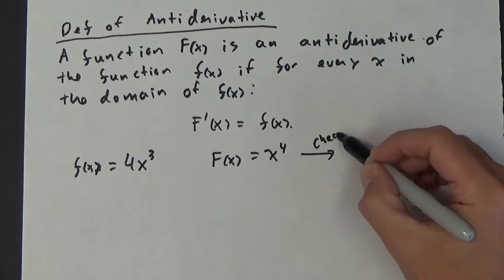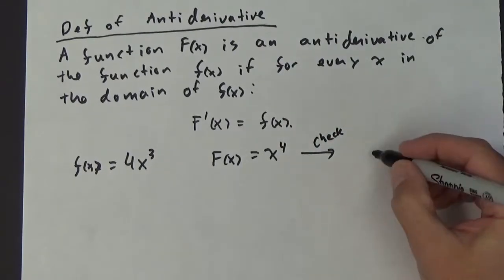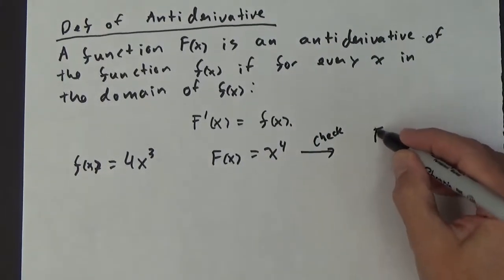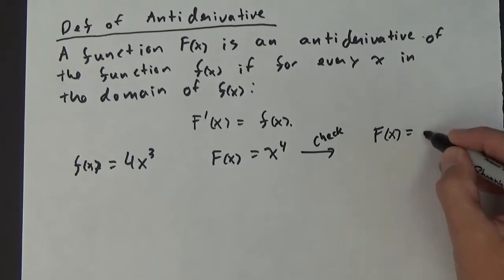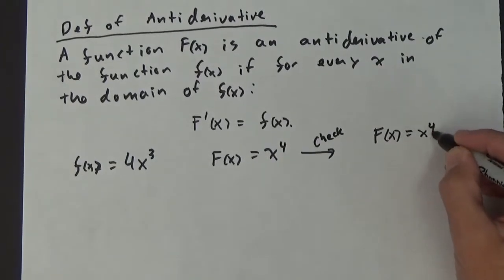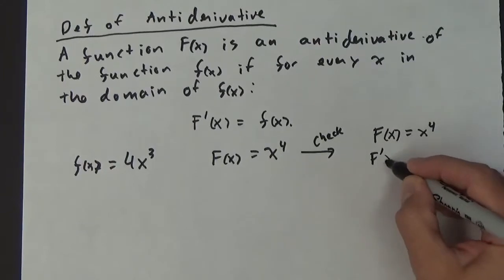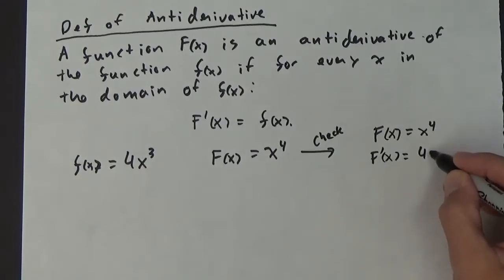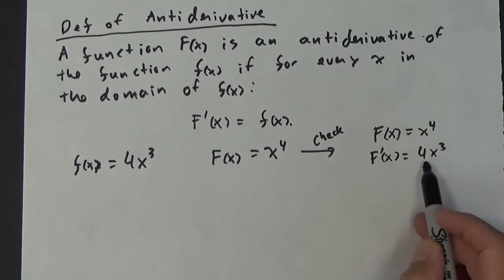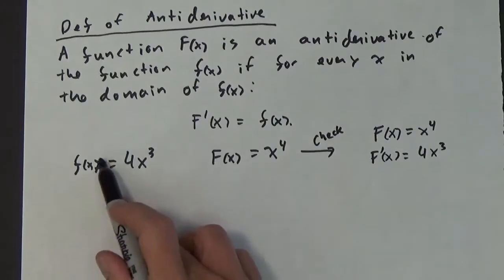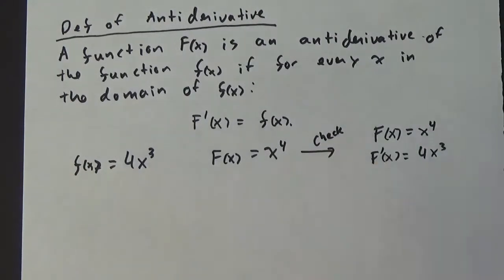You can always check your antiderivative. All you have to do is take capital F of x, which is x to the fourth, and take the derivative of it, which is 4x cubed. And if this equals what we started off with, then you did it correctly.